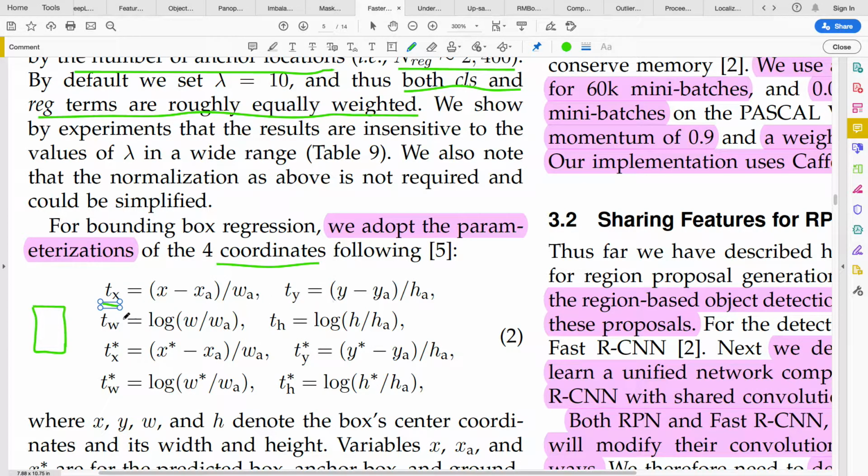The x and the y predict the center coordinate: where should it be centered in the entire image? How far should it be from the left and from the right of the entire image? Because you are going to draw the bounding box in an image to locate an object.